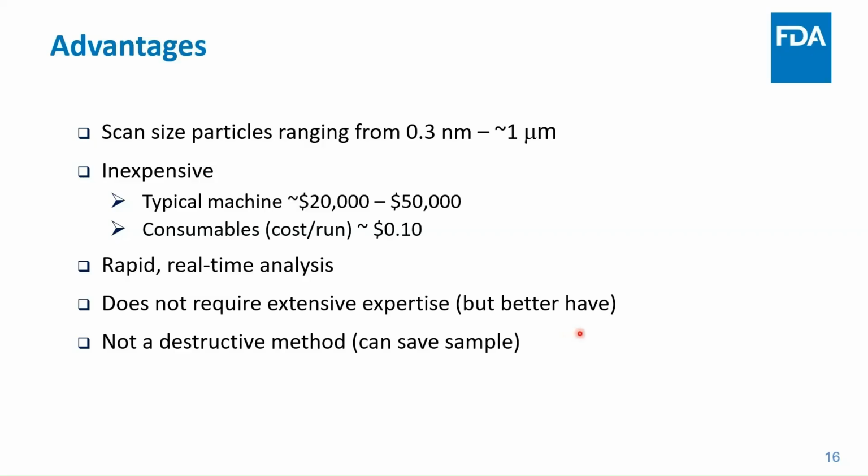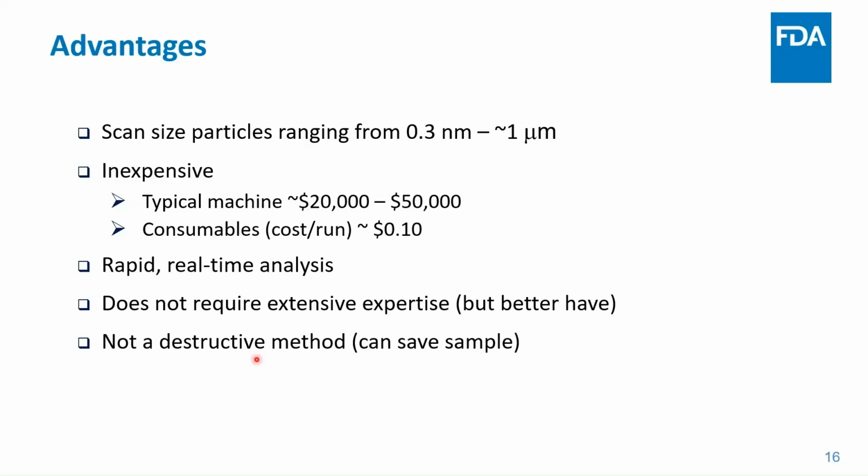But for a lot of people, doing DLS is more or less a black box where you put some solution in a cuvette and you hit a button with a standardized SOP and it gives you a number. That can often lead to problems, especially when you aren't taking into account all those parameters we talked about: temperature, viscosity, refractive index of the solvent, concentration. And it's nice because the sample can be recovered.